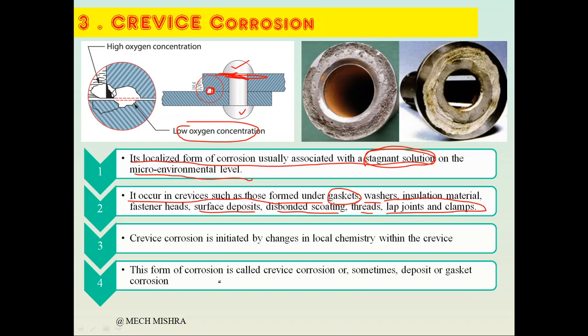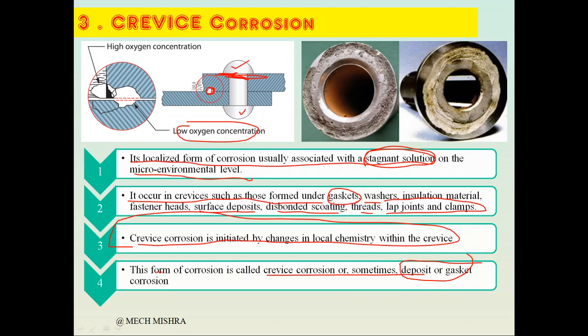crevice corrosion. Crevice corrosion is initiated by a change in the local chemistry within the crevice. So there will be a change in local chemistry at that crevice area, and that will cause the corrosion. This form of corrosion is called crevice corrosion, or sometimes deposit or gasket corrosion, because it's majorly found in gaskets, where between two flanges a gasket will be put, and this will generate local chemistry in that area.